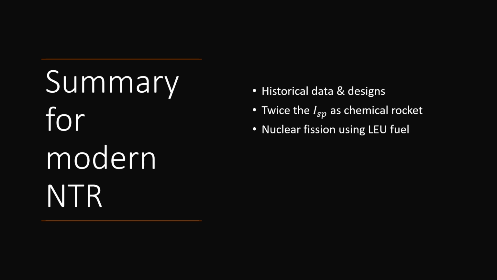LEU fuels can be used in NTRs just by optimizing the moderator materials used within those reactors. And also, thanks to modern tools such as CFD, we are able to optimize thermal hydraulic considerations and solve those problems that arise through design.